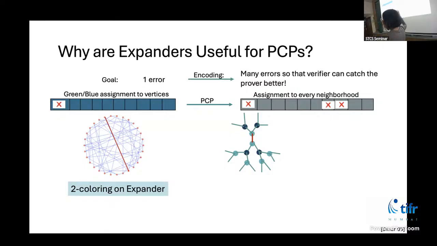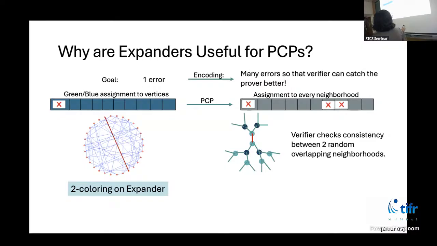Now given this assignment, there's a simple 2-query test we can perform. The verifier will pick 2 neighborhoods which have an overlap and test that, on the overlap, you have been given the same assignment. And of course, you can also check that both neighborhoods are colored correctly, that is, 2-colored. So this is the obvious test.